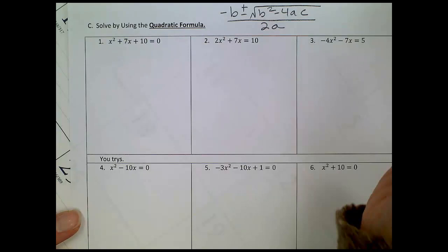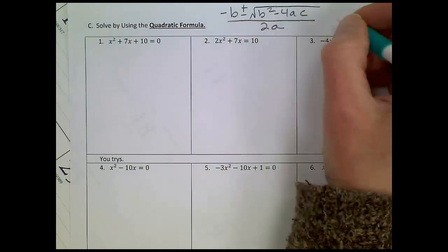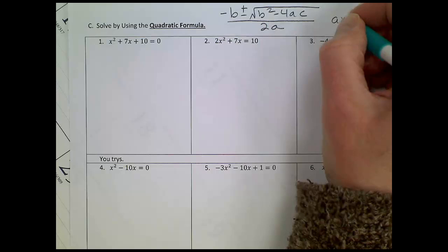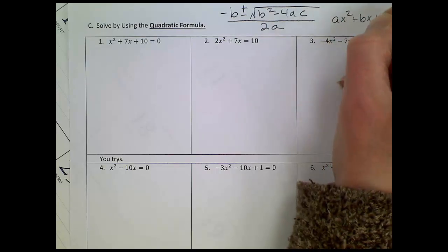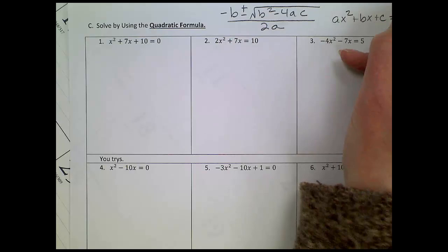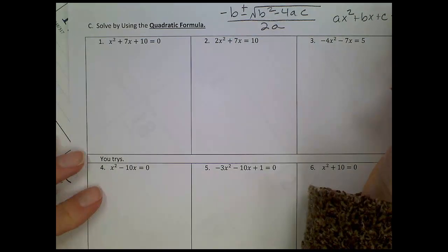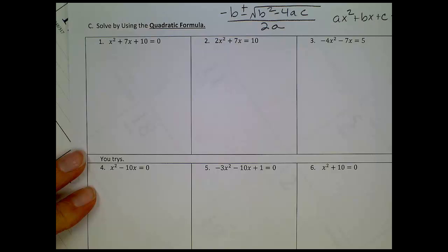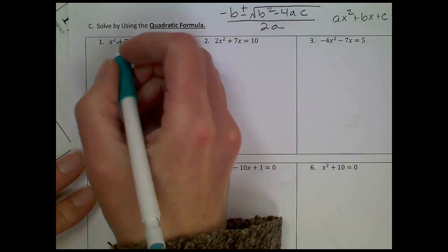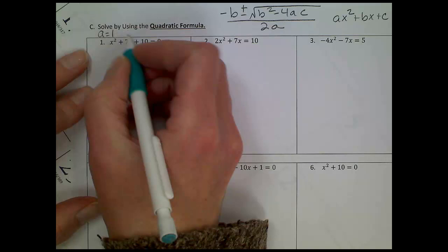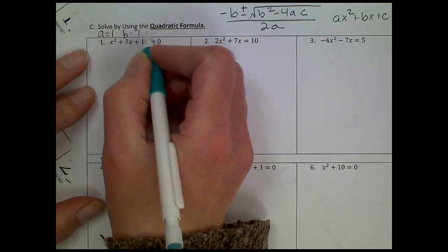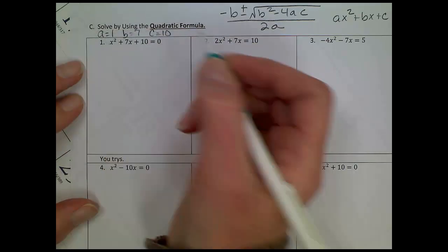And when you're using quadratic formula, your equations must be in standard form, which is ax squared plus bx plus c equals 0. Okay, so looking at my first equation here, this doesn't look so bad. It's already in standard form. I can identify a, b, and c. So a is 1, b is positive 7, and c is positive 10.